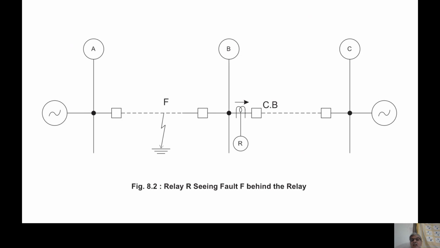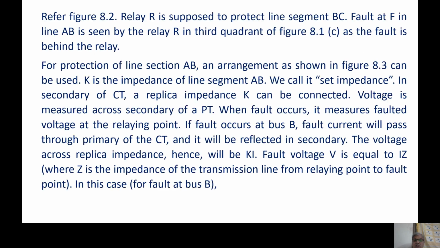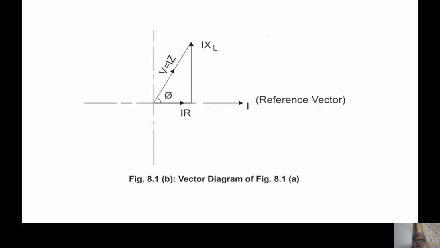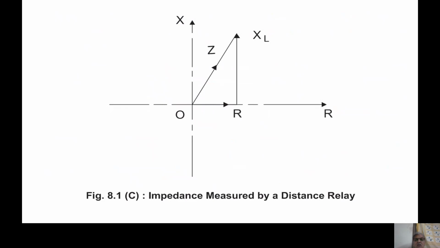If it is not directional, then F is behind R. Behind R means current is flowing in reverse direction. In that case, you can say that this Z is in the third quadrant. That means a fault behind the relay is in the third quadrant.